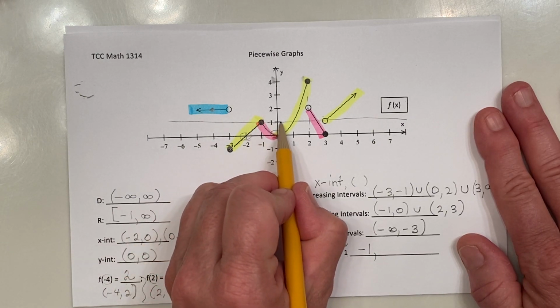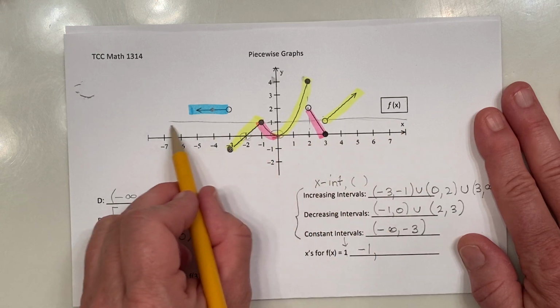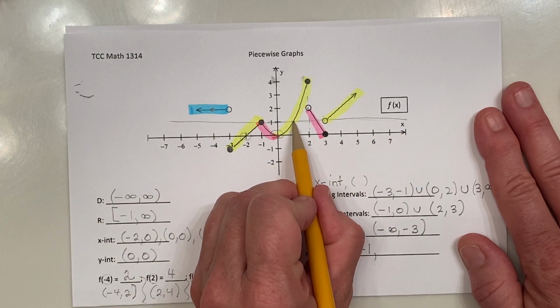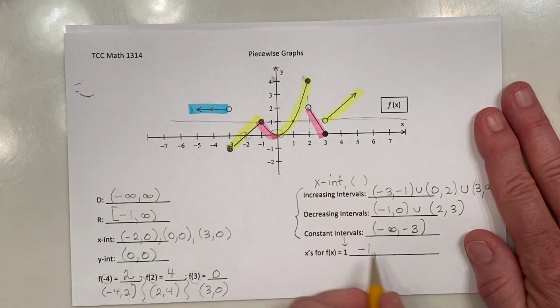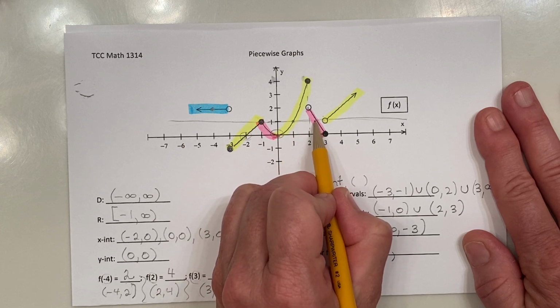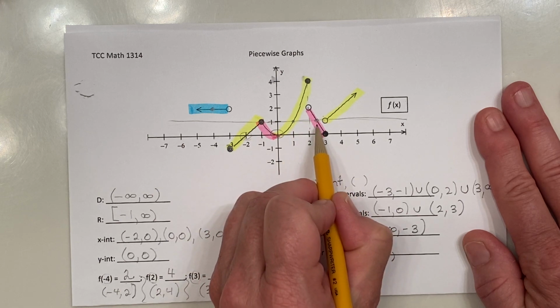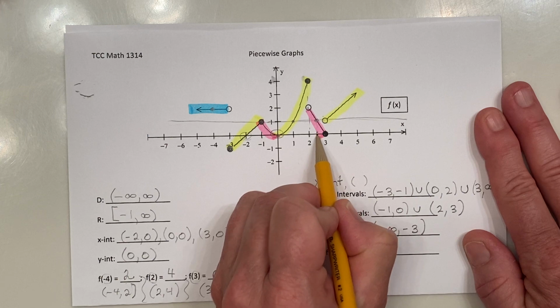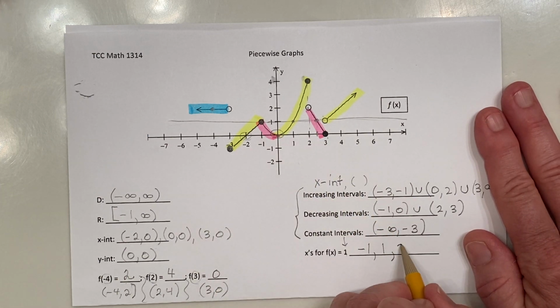Is there another intersection of my horizontal line at y equals 1 with the graph? Yes, right here. This point has a height of 1. Well, what's its x coordinate? Well, it's +1. Continue to the right. The next time I intersect the graph is right here. Well, that x coordinate is actually halfway between x equals 2 and x equals 3, so we'll say 2.5.